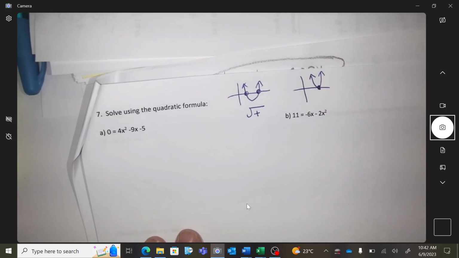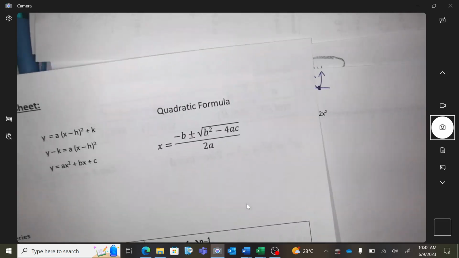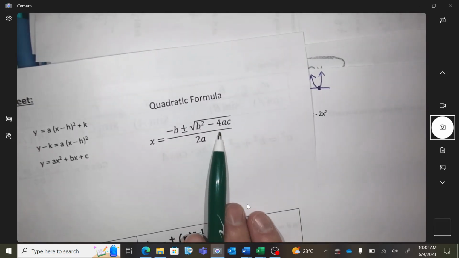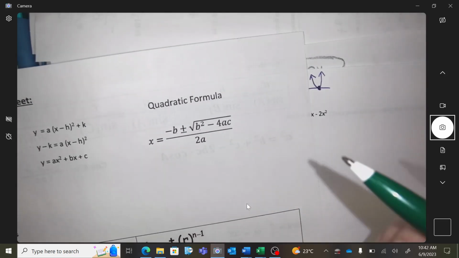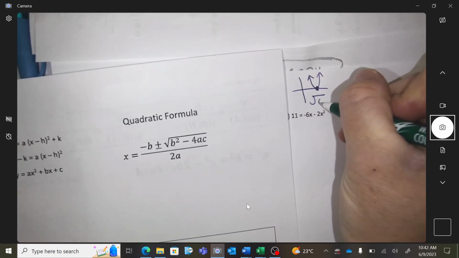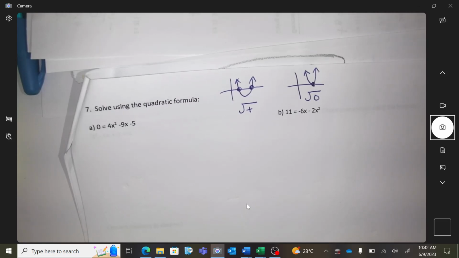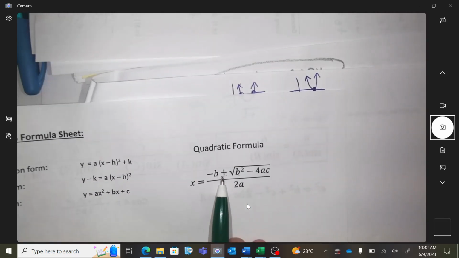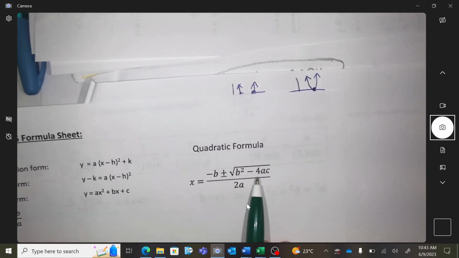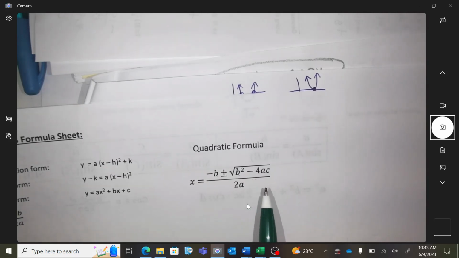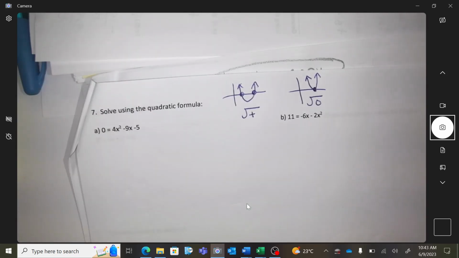I could have a parabola that only touches 1 spot. What was the rule about that? The square root part had to be exactly 0. Remember that in the formula, if you square root 0 and you add or subtract 0, that's not anything different. That's just one number.